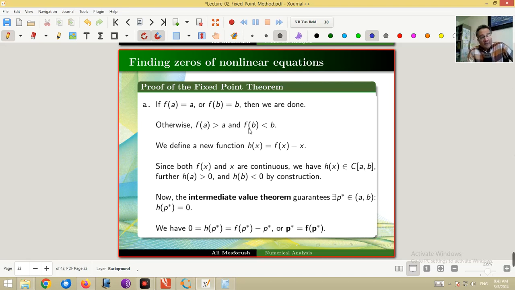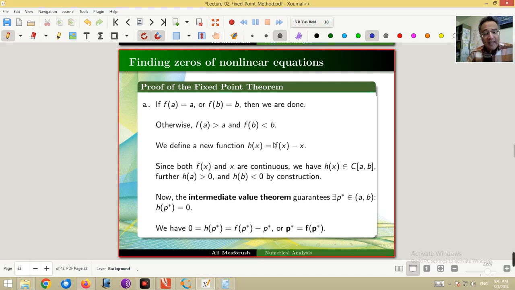Now we define a new function h of x equal to f of x minus x. Since both f of x and x are continuous, in the hypothesis we had f of x is continuous, and we know y equal to x is continuous. So h is the difference of two continuous functions, so h will be continuous.